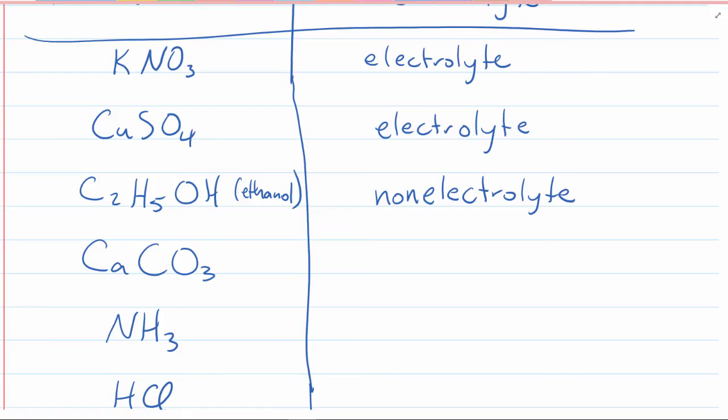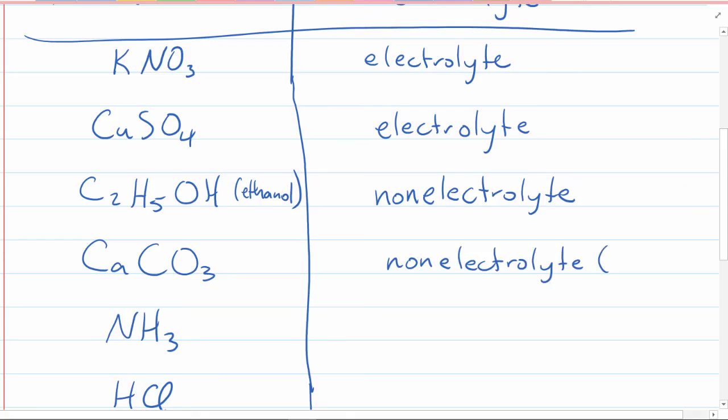It's ionic. But remember, if it's an electrolyte, it must also dissolve in water. And if it doesn't dissolve in water, it cannot be an electrolyte. So we're going to say that this one here is a non-electrolyte, not because it's a molecular compound, but because it is insoluble. The solid is insoluble.